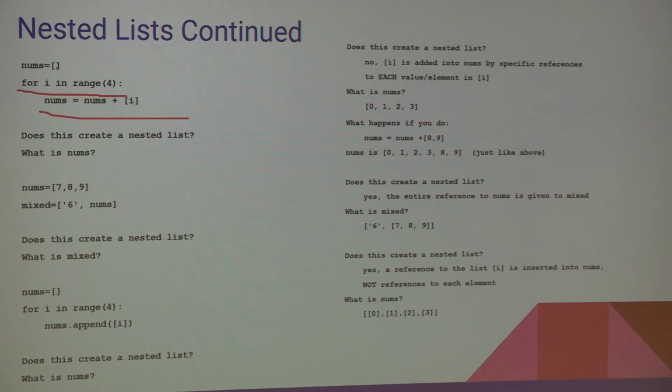Okay, let's see. Nums, empty list. For I in range 4, nums is equals to nums plus I. What is this doing? Is this addition, is this concatenation, is this string addition, not obviously, is this list addition, or what is this? We're adding a list with just I inside. So it'd be like a list containing 1, comma, list containing 2, comma.